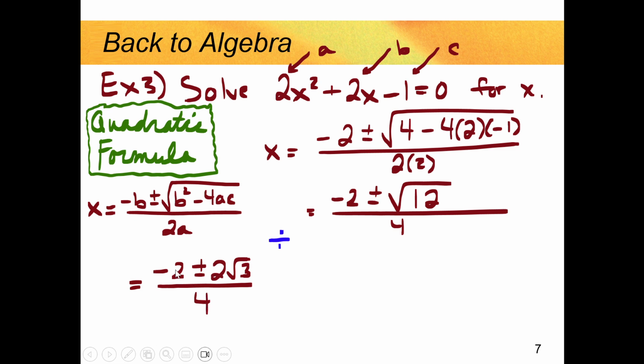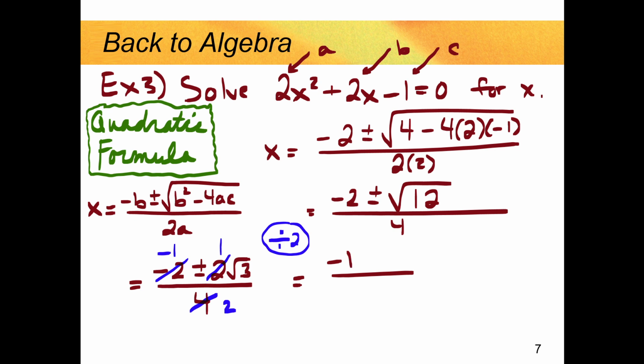What should we divide by? By 2. So that becomes a negative 1. That becomes a 1. And that becomes a 2. Okay, we're okay with negative 1, plus or minus. And then 1 times root 3 is just root 3, over 2.